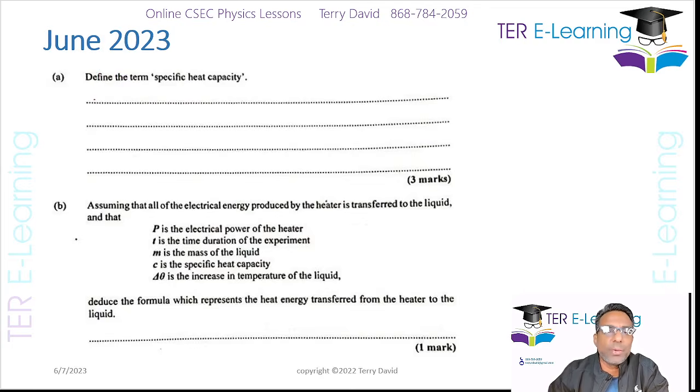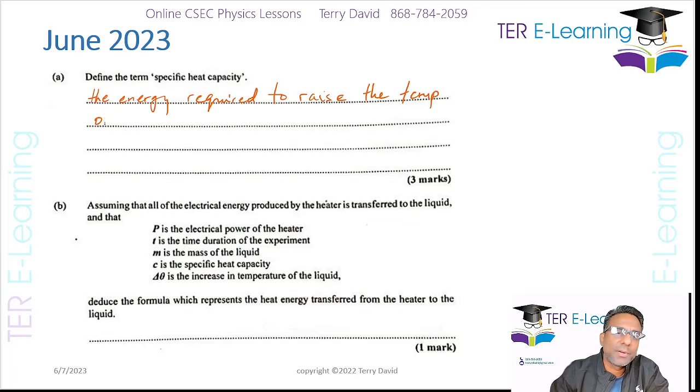Right, so the first thing here, they want us to define specific heat capacity, right? So this is the energy required to raise the temperature of 1 kilogram of a substance by 1 degree, right?